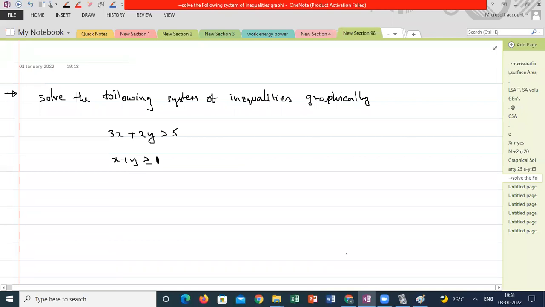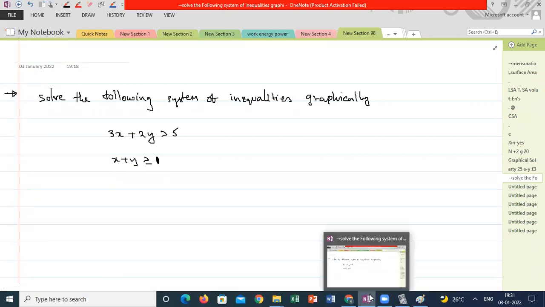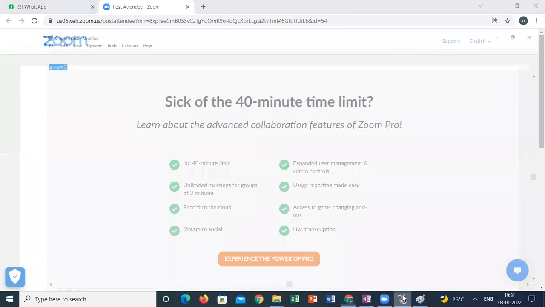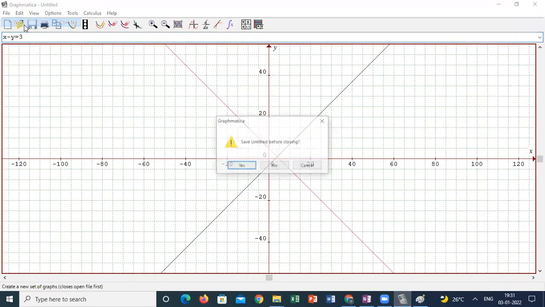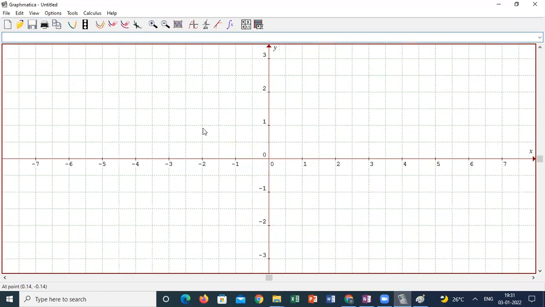So I am taking 3x + 2y directly into the graph software, greater than 5, because I have the option of greater than 5. 3x + 2y, I'm taking greater than 5.